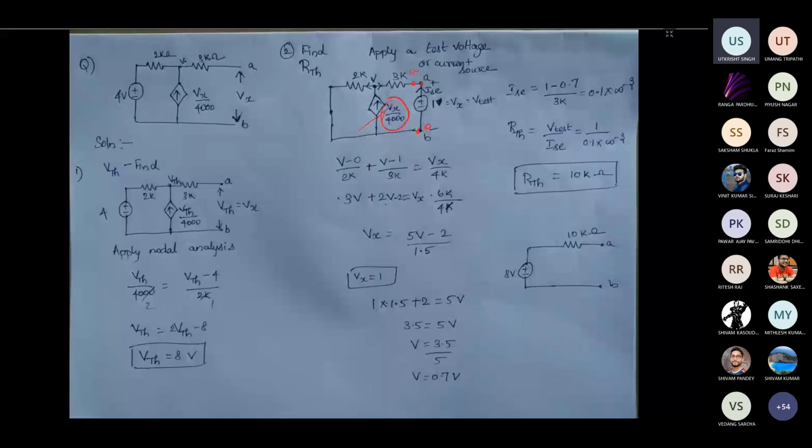So in order to find RThevenin, we have to apply a test voltage source. If you apply a test voltage source here, it will provide some current. The voltage source which you are applying has a certain magnitude. That voltage magnitude divided by the current coming out of the voltage source is going to decide the RThevenin. Why are we saying it gives the RThevenin?